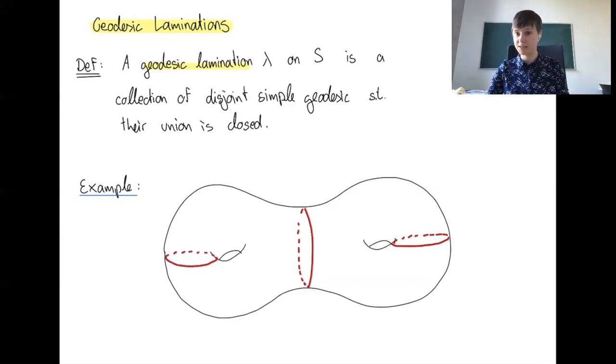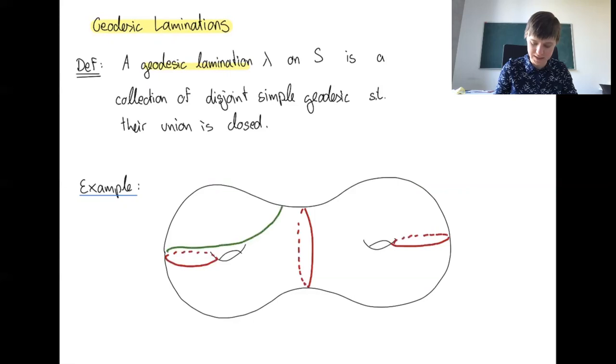Now, this is a pair of pants decomposition of the surface, and it's also a geodesic lamination. But we can not only add closed geodesics, we could also add bi-infinite leaves that spiral towards these closed curves. That could look like this.